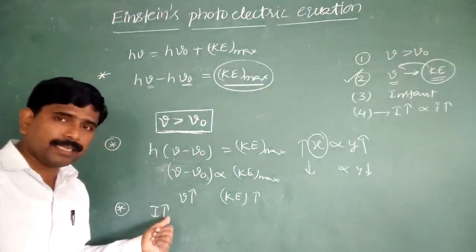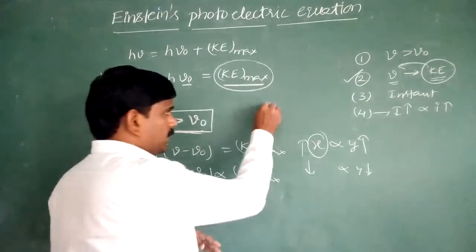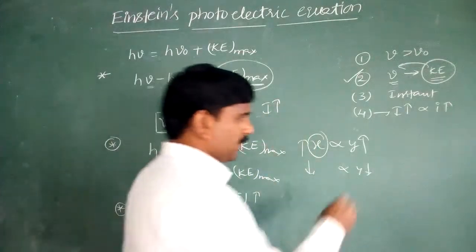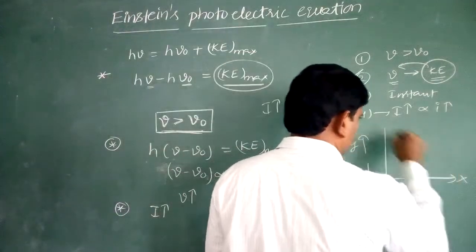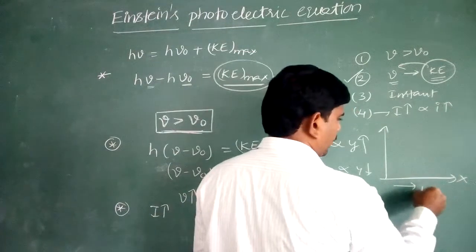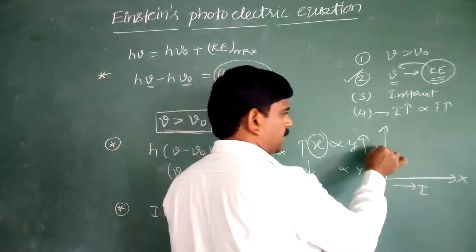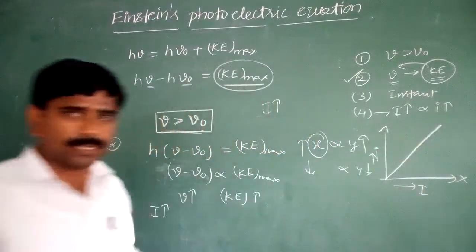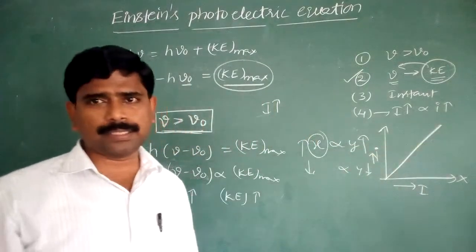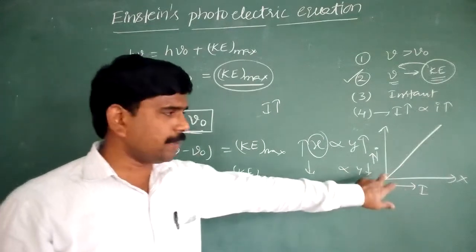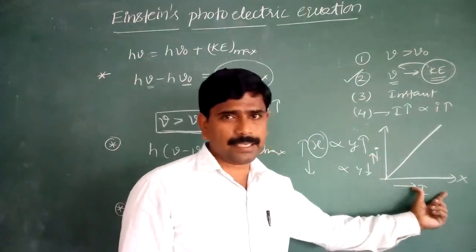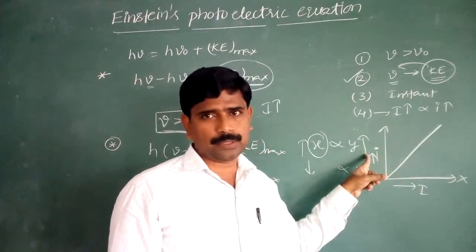When intensity increases, photoelectric current increases. In experimental observations, we draw the graph like this. Intensity is taken on the x-axis, current value on the y-axis. We get a straight line passing through the origin. So when intensity increases, photoelectric current also increases.